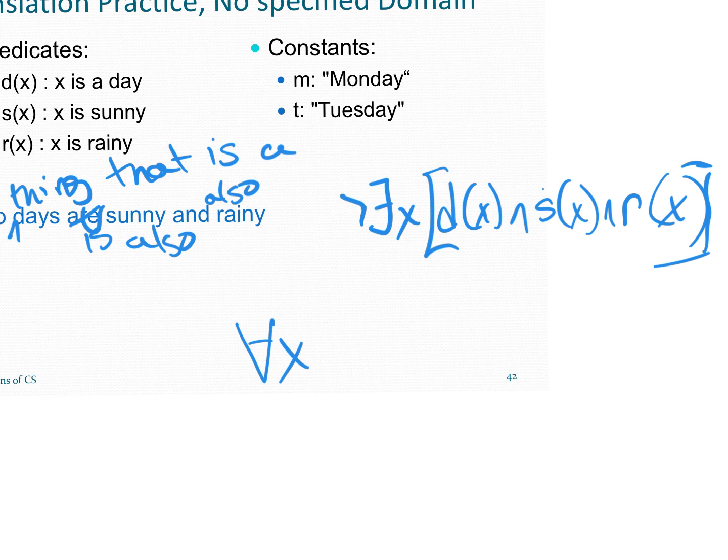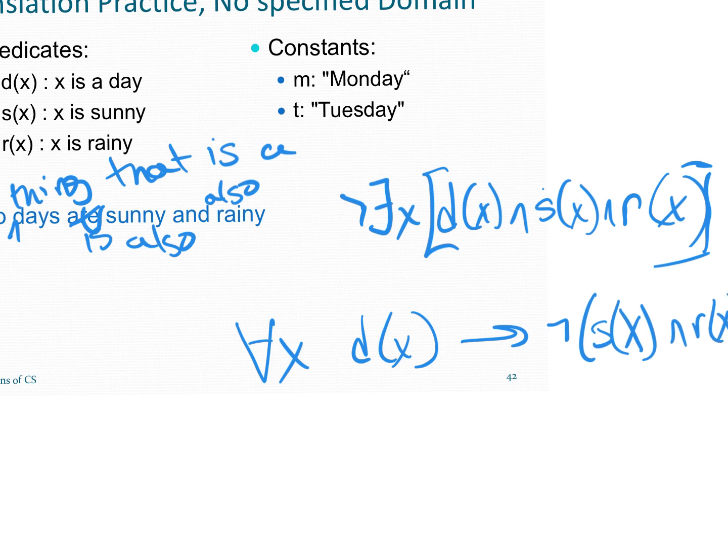Again, with the for all and no specified domain, we have to do D of X implies it is not sunny X and rainy X. And again, we need to put parentheses or brackets around the whole thing. Oops, and I never matched that sunny one with two braces, right? So this guy needs to have a matching parenthesis too.